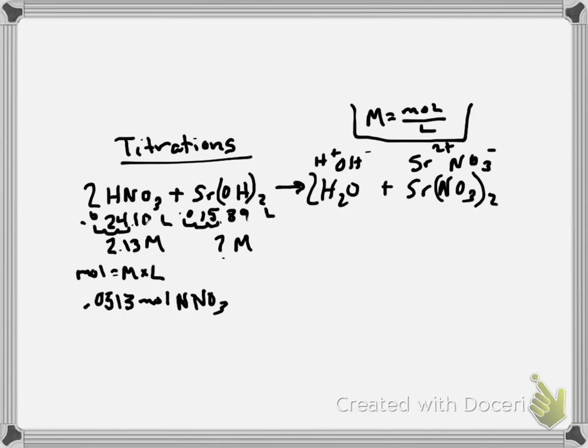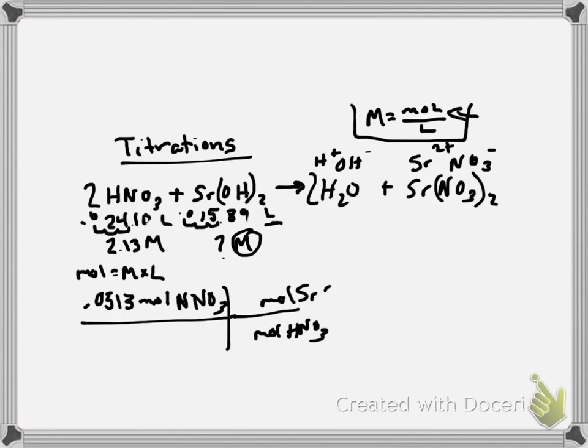Now, I need the molarity of my strontium hydroxide. Molarity is moles per liter. I already have the liters of strontium hydroxide. All I need are the moles. So what I'm going to do is take these moles of nitric acid and use the mole ratio to go to moles of strontium hydroxide. It's moles of nitric acid to moles of strontium hydroxide, a 2-to-1 mole ratio.